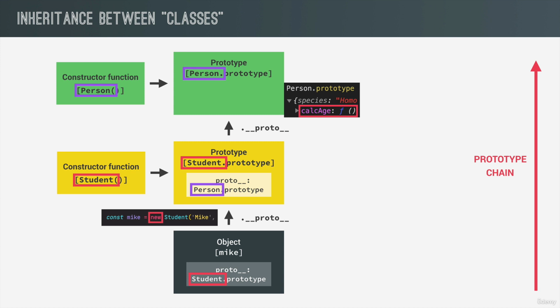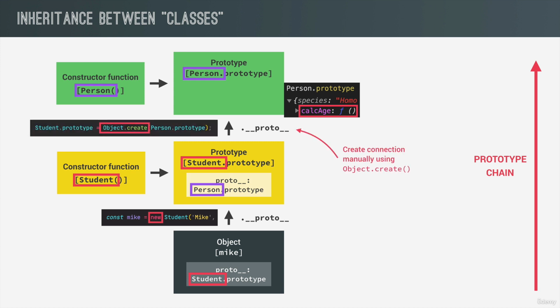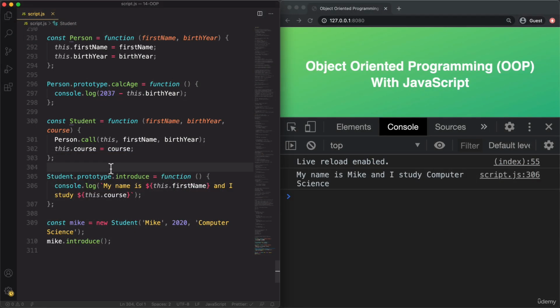That's why I created it. Now, anyway, we are gonna have to create this connection manually. And to link these two prototype objects, we are gonna use object.create, because defining prototypes manually is exactly what object.create does. Great, so let's go do that.